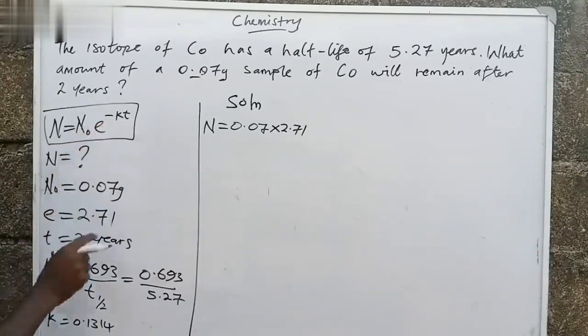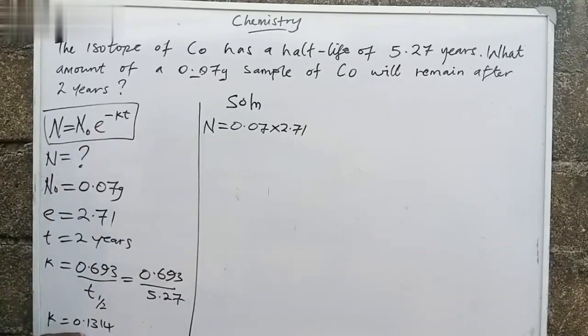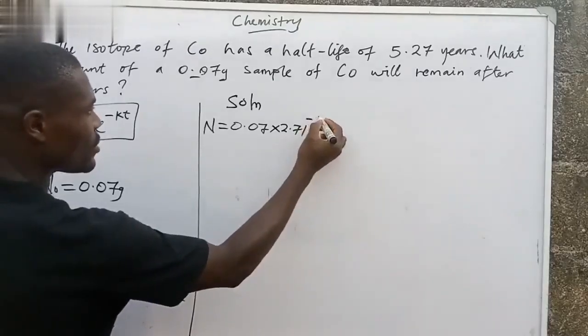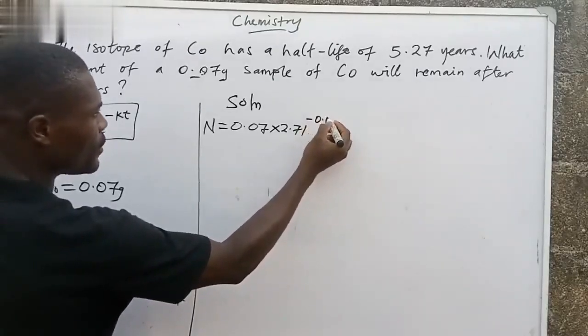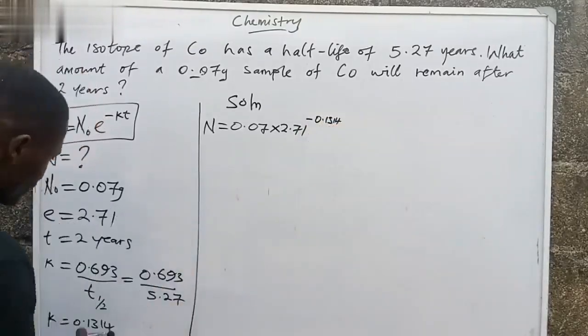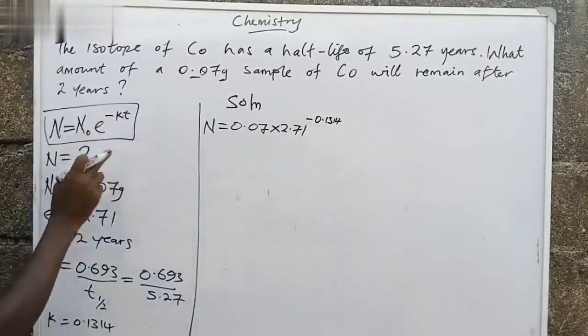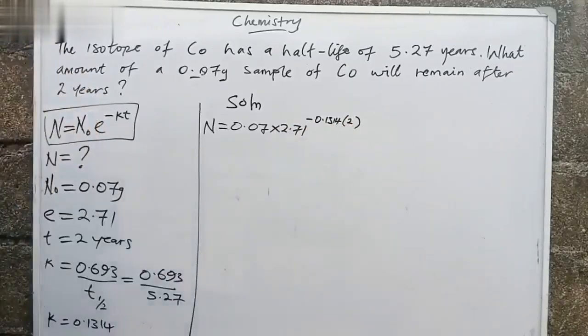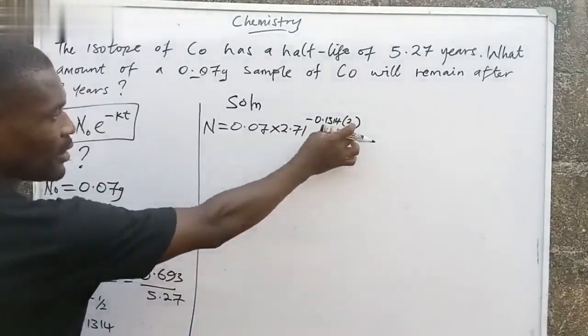The value of k is 0.1314, so we have raised to the power of minus 0.1314 multiplied by t. The value of t is 2 years. So we have to multiply these two and get a particular figure.